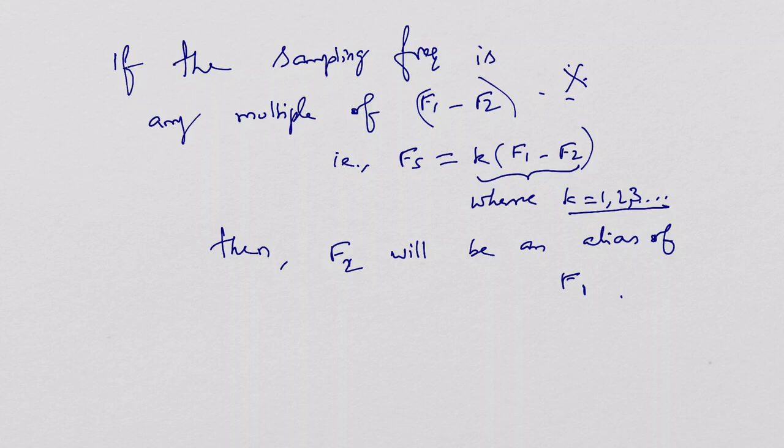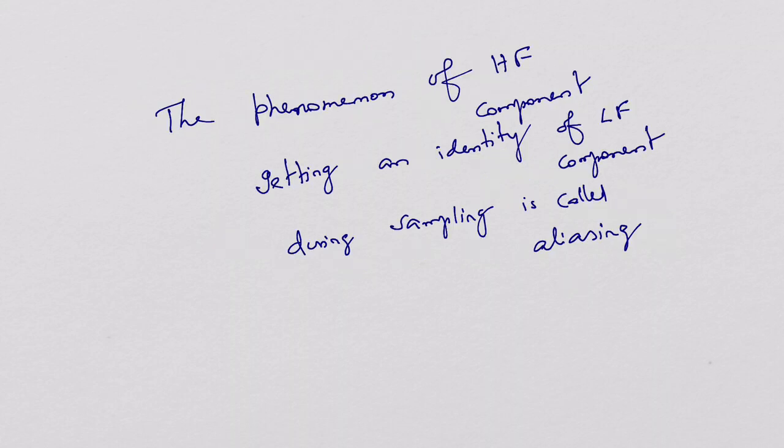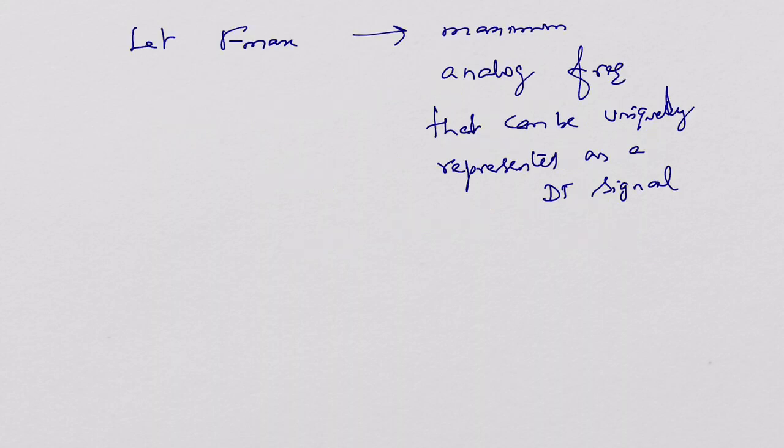I'll repeat, the phenomenon of a high frequency component seemingly taking the identity of a low frequency component because of wrong sampling frequency selection during the sampling process is called aliasing. So I should first of all look into the maximum frequency of the analog signal that can be uniquely represented as a discrete time signal when sampled at a frequency Fs.